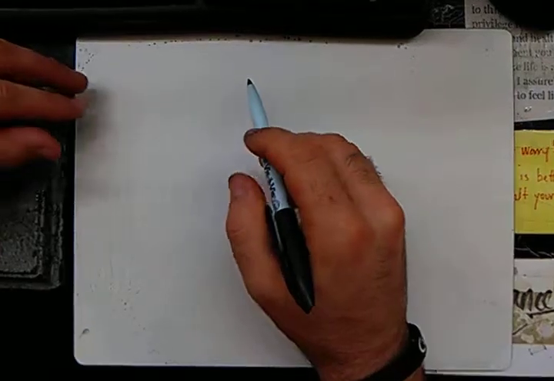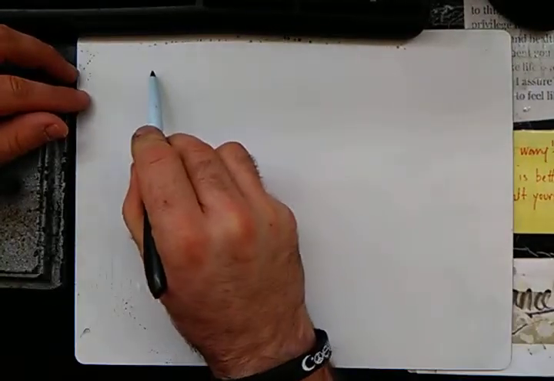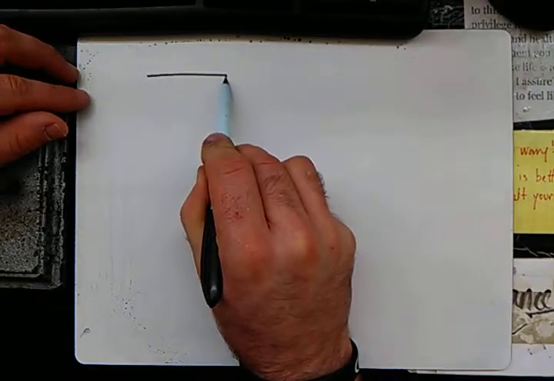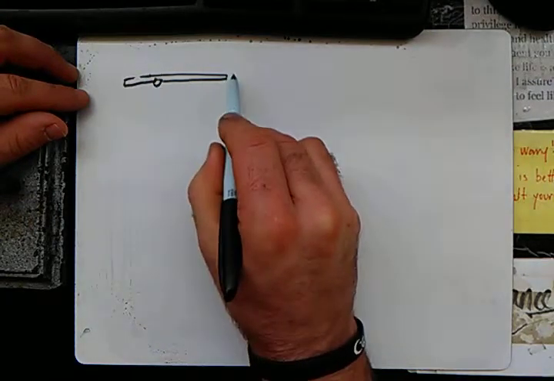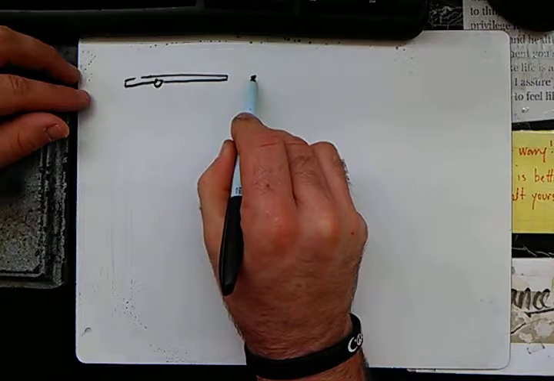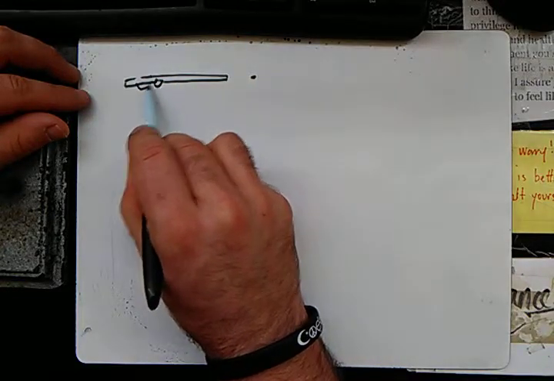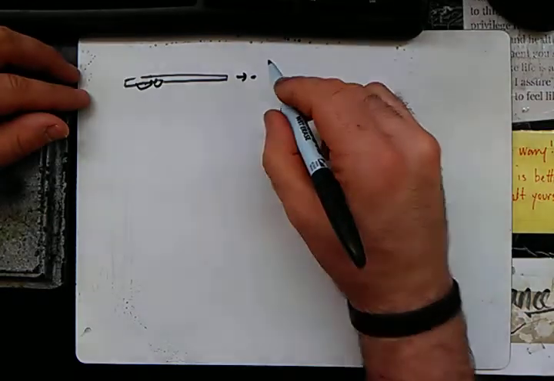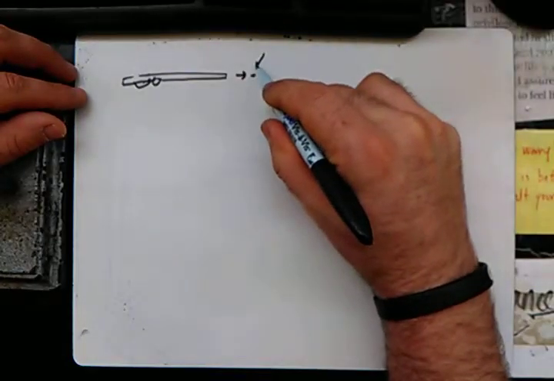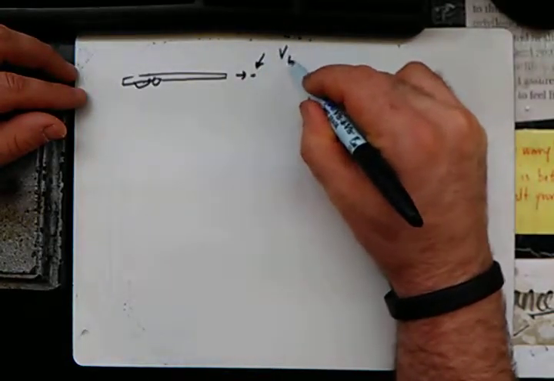One more example I'll give you is we'll change it over to a rifle. Let's say we've got a rifle that's going to shoot a bullet out. We want to know the velocity of the bullet.